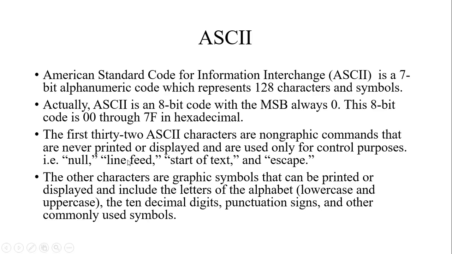So the first 32 characters, in decimal from 0 to 31, are non-printable characters. The other characters are graphic symbols that can be printed or displayed and include letters of the alphabet, lowercase and uppercase, the 10 decimal digits, punctuation signs, and other commonly used symbols. So ASCII represents these codes.